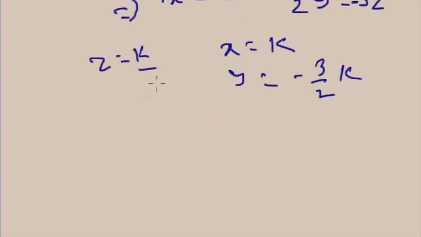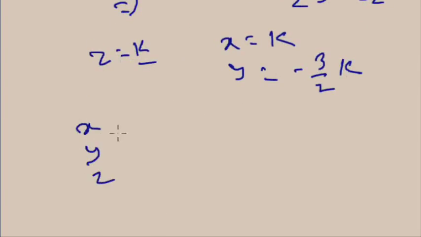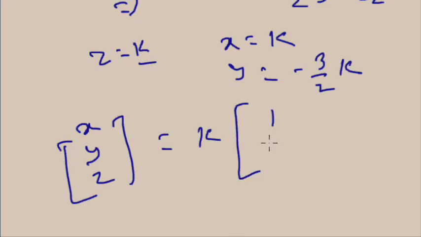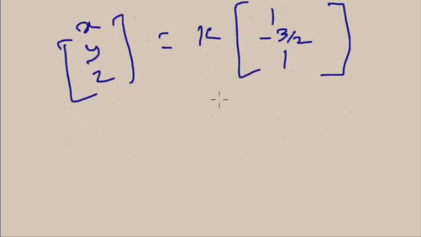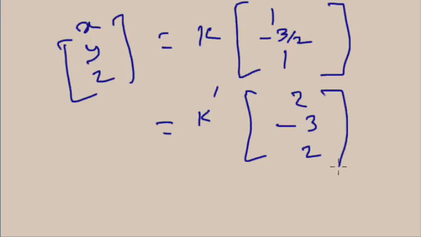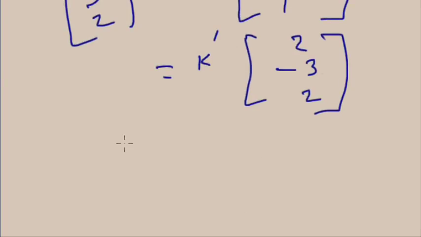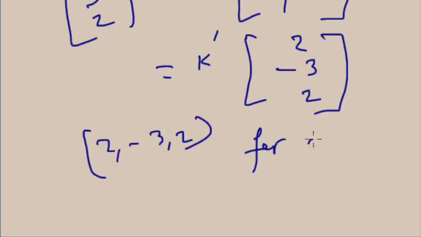So I can write x, y, z as k times 1, minus 3 by 2, and 1. If I multiply all this by 2, it's k dash into 2, minus 3, 2. So this is the eigenvector 2, minus 3, 2 for lambda equal to 1.